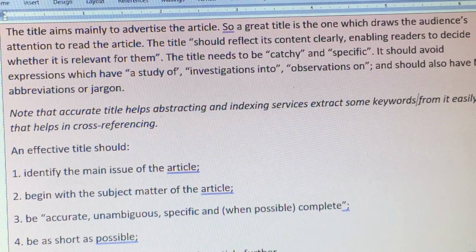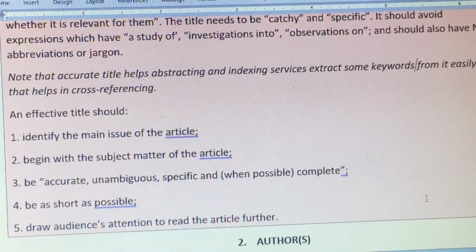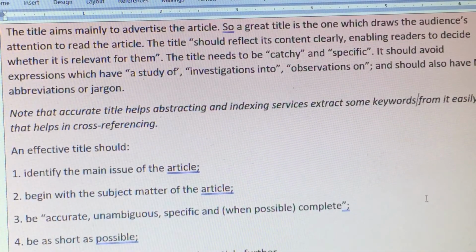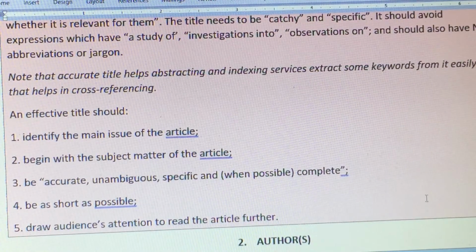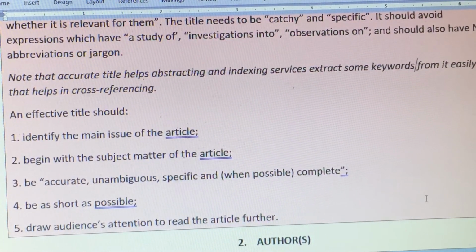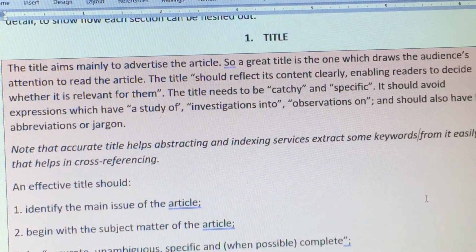It needs to be as short as possible, and it needs to draw the audience's attention to make them read your article further. So that's really basically what a title should be.